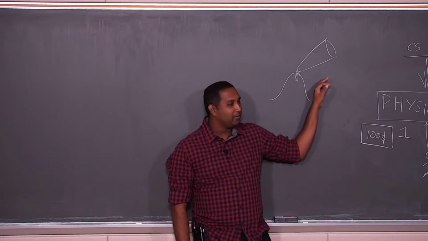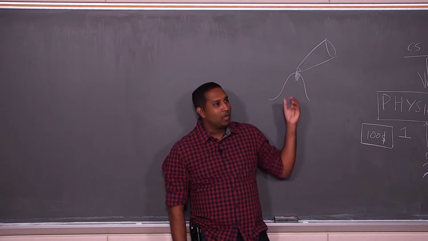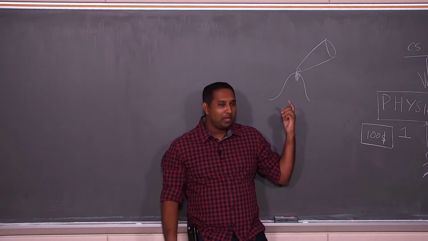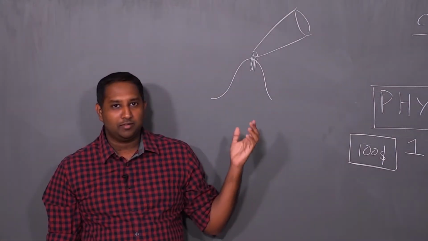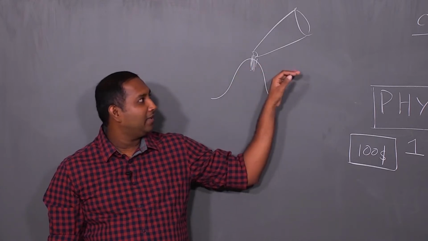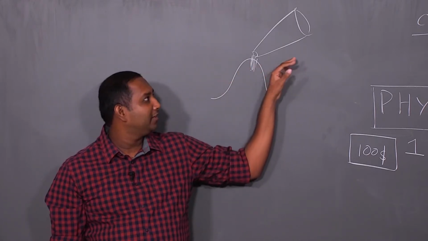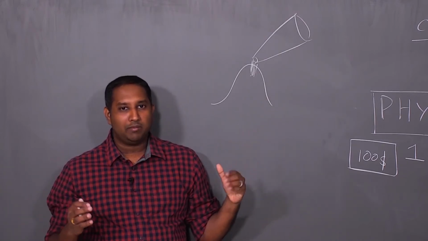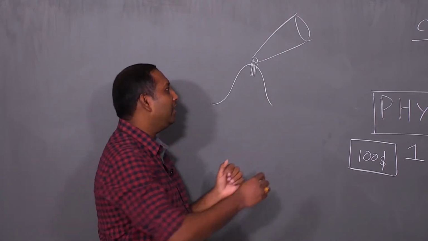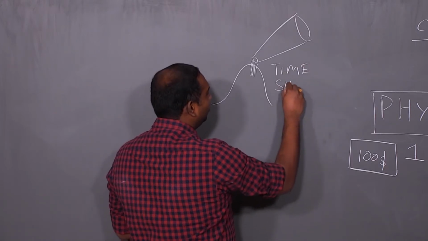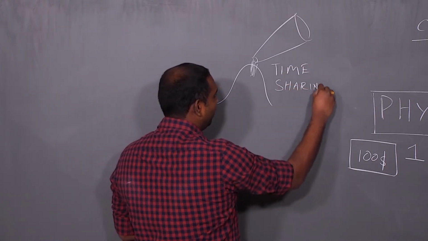So basically it will be like, from 1 a.m. to 2 a.m., Jennifer is going to access it. And then from 2 a.m. to 3 a.m., Bruce is going to access it, and so on, right? So the way that they share this really expensive resource is via a very coarse-grained method of time sharing, right? So you can have only one user at a time, and that user gets the whole resource.